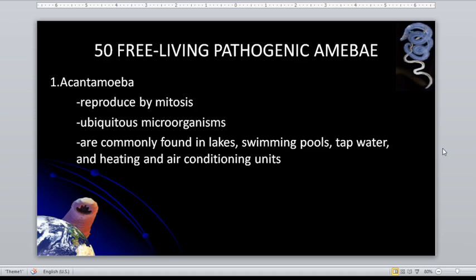They are found in air, aquaria, bottled mineral water, in the environment, in the soil, in the swimming pool. And take note that they are found in contaminated contact lens solution. That's why they have the capability to cause amoebic keratitis.